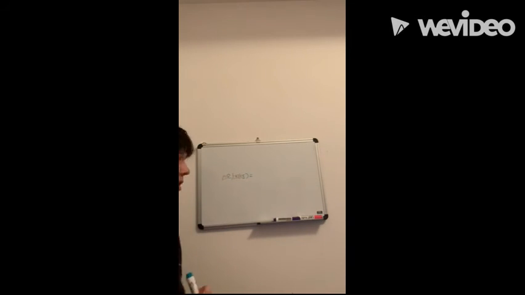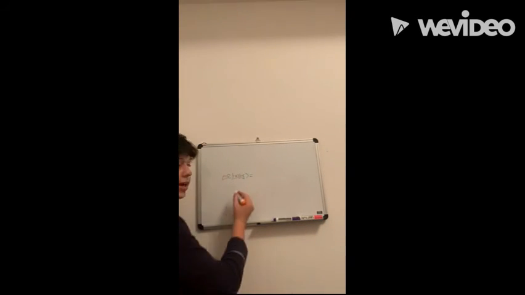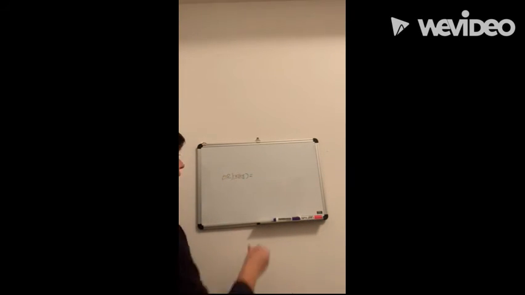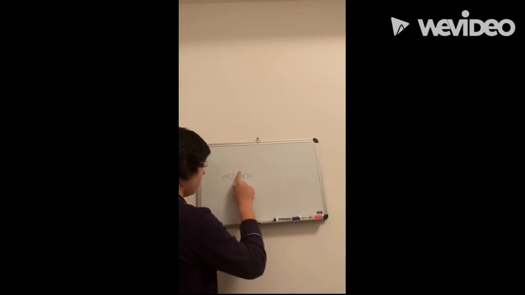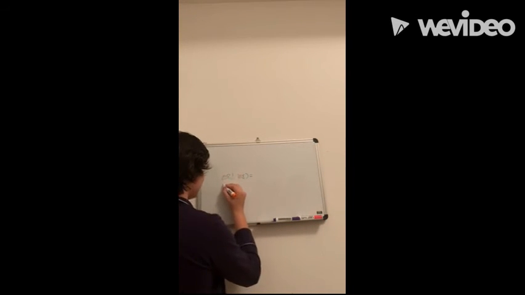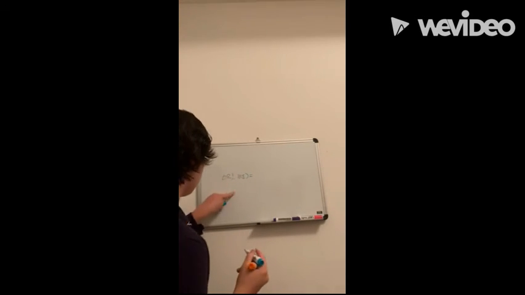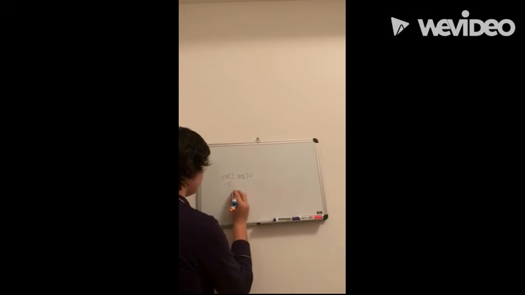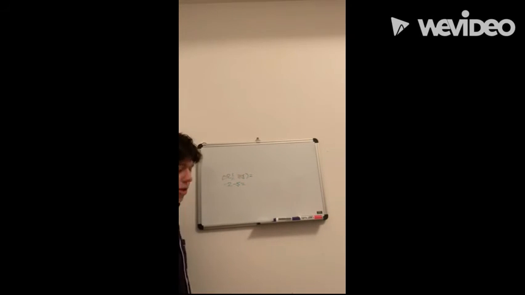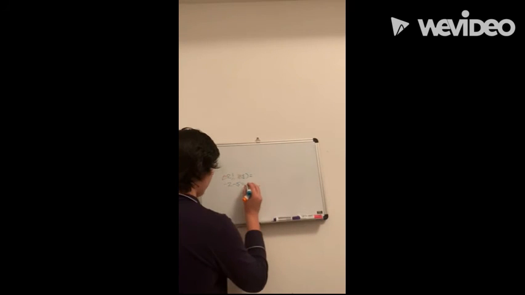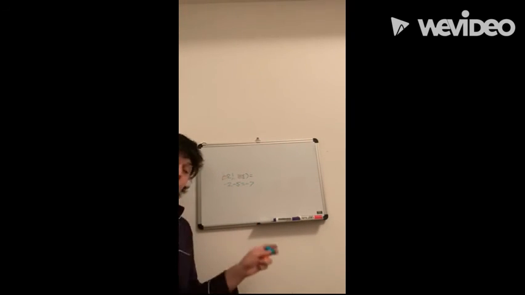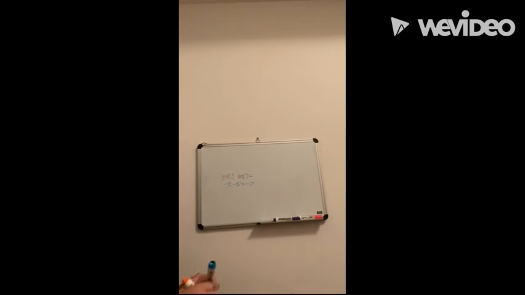But in this case, a positive plus a negative cancels out. So this positive is now negative. You can erase that. And now that we have that, we can say -2 minus 5 equals, if you're not sure, go back to the number line. But for the sake of time, I'm just gonna go here, -7. That's the answer for that.